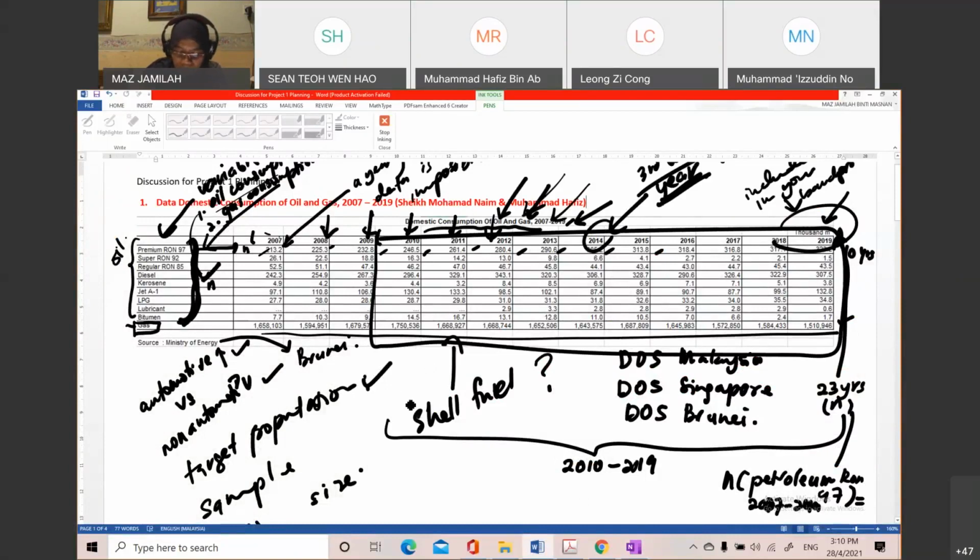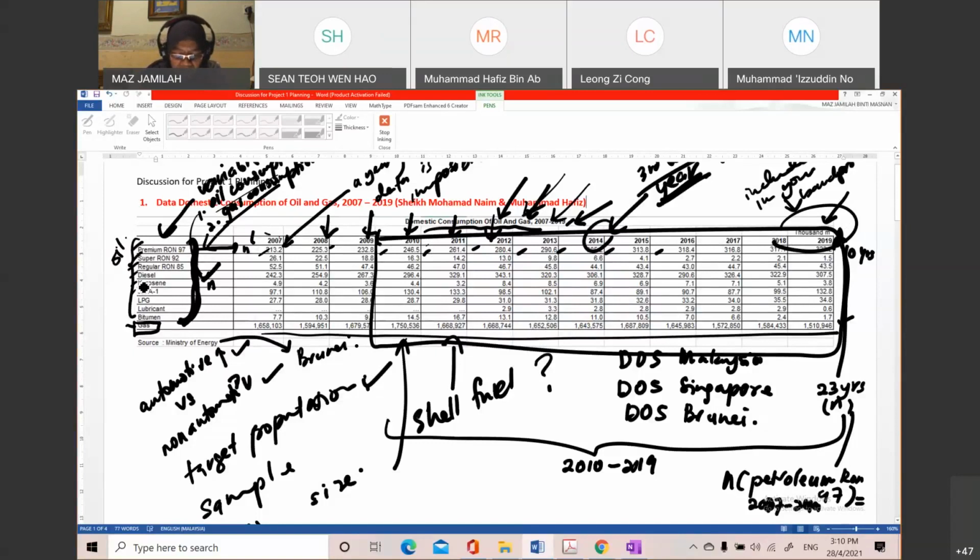So your sample size will include the whole value here. Because we are talking about thousands of meter cube, this is the data that you get from each specific petroleum type.